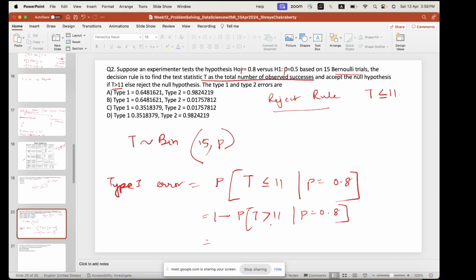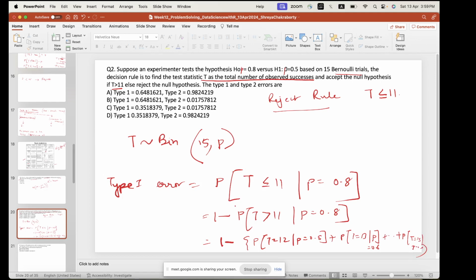So we can use our R to do this, or we can also calculate. So this would mean 1 minus probability T equal to 12 given p equal to 0.8, plus probability T equal to 13 given p equal to 0.8, up to plus probability T equal to 15 given p equal to 0.8.